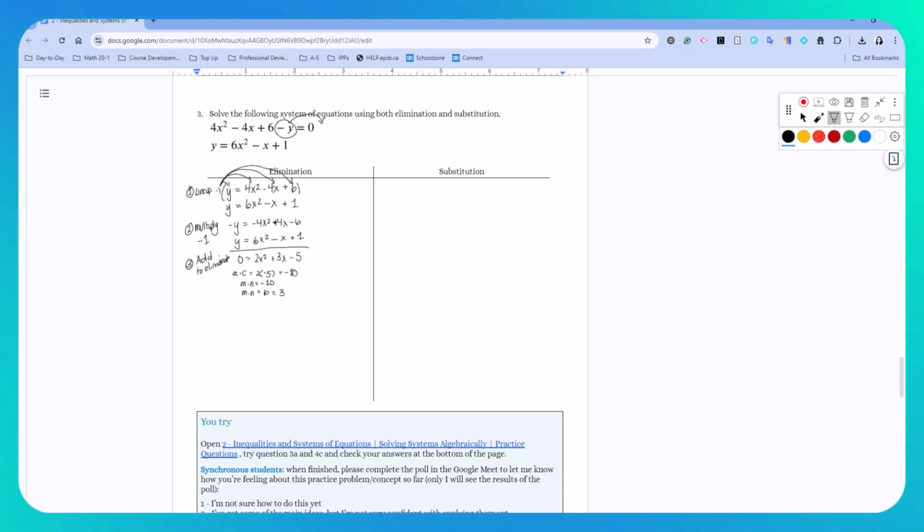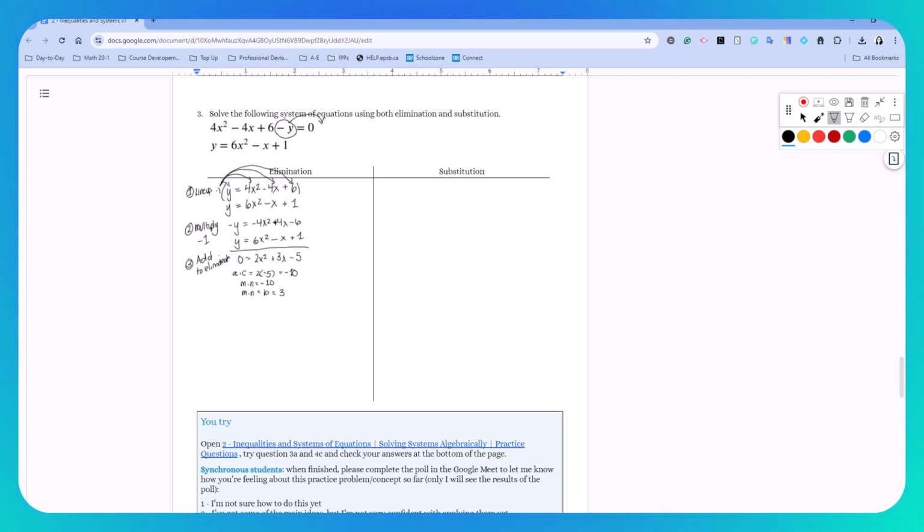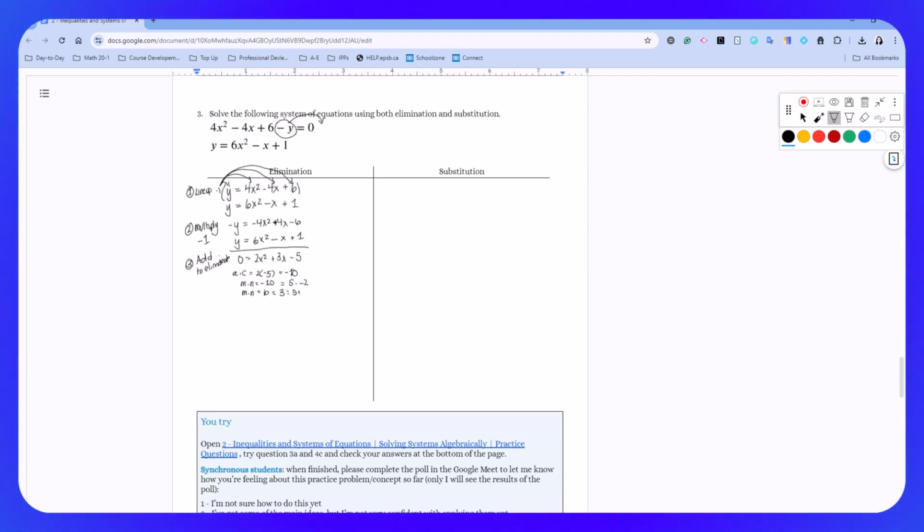So we need two numbers that multiply to negative 10 and add to 3. Because the product is a negative number, one of them has to be positive and one has to be negative. For instance, 5 and negative 2, and 5 plus negative 2 equals 3.